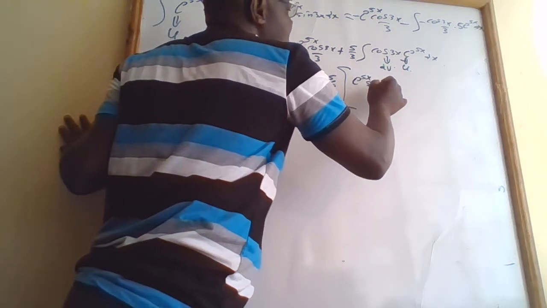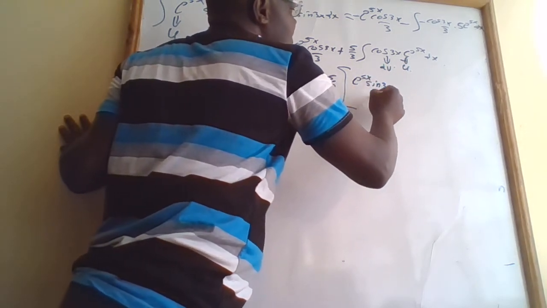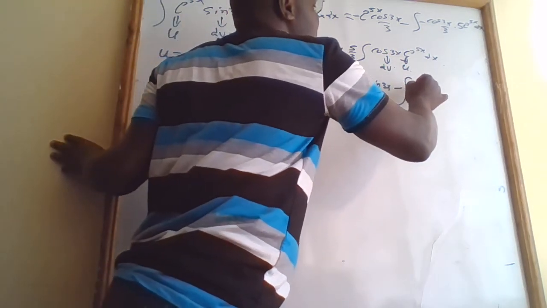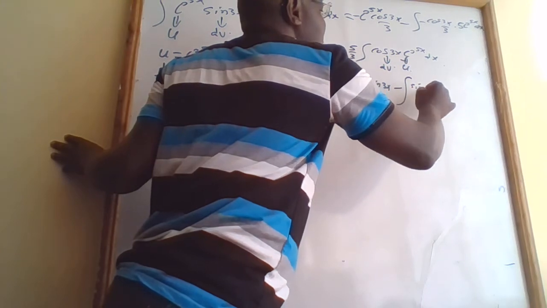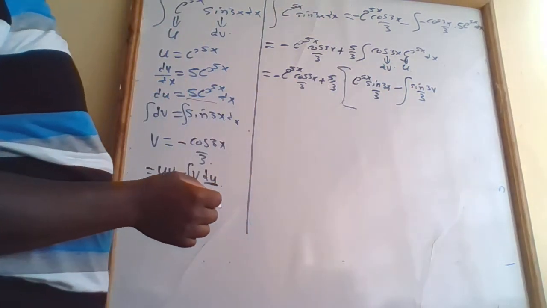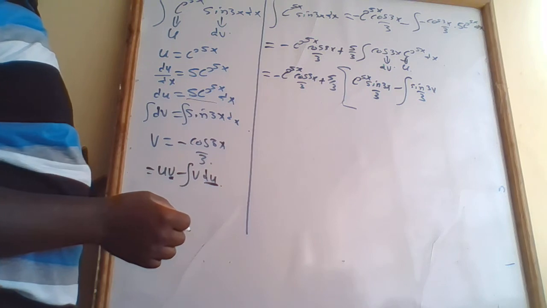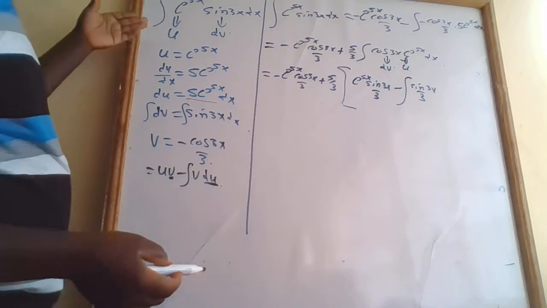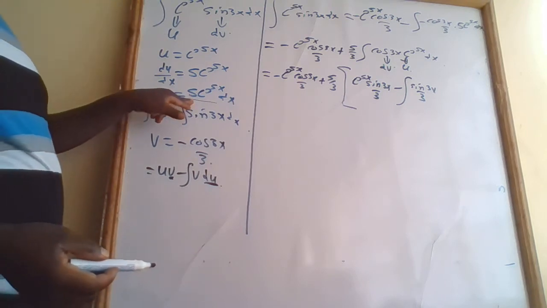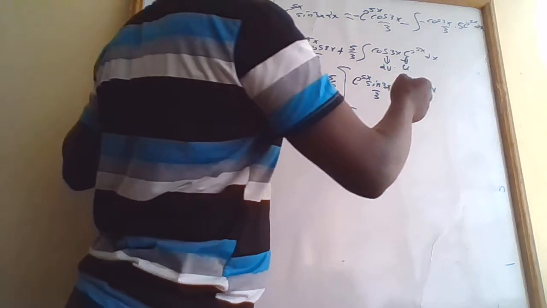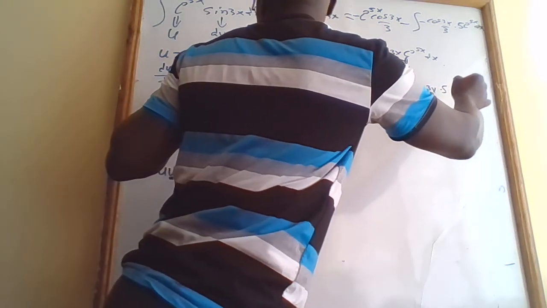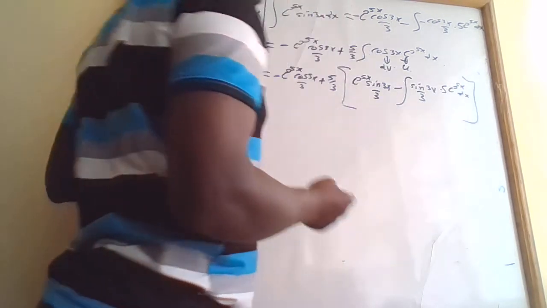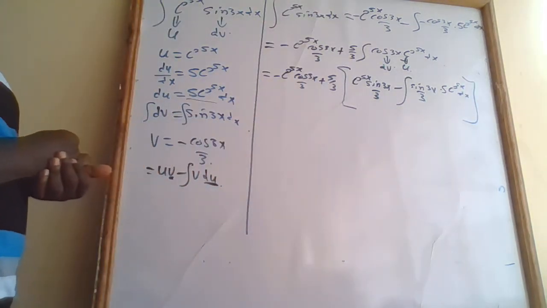sine 3x all over 3 minus the integral of sine 3x all over 3, and then du. If u equals this, our du will be 5e^(5x) dx. Close the bracket.